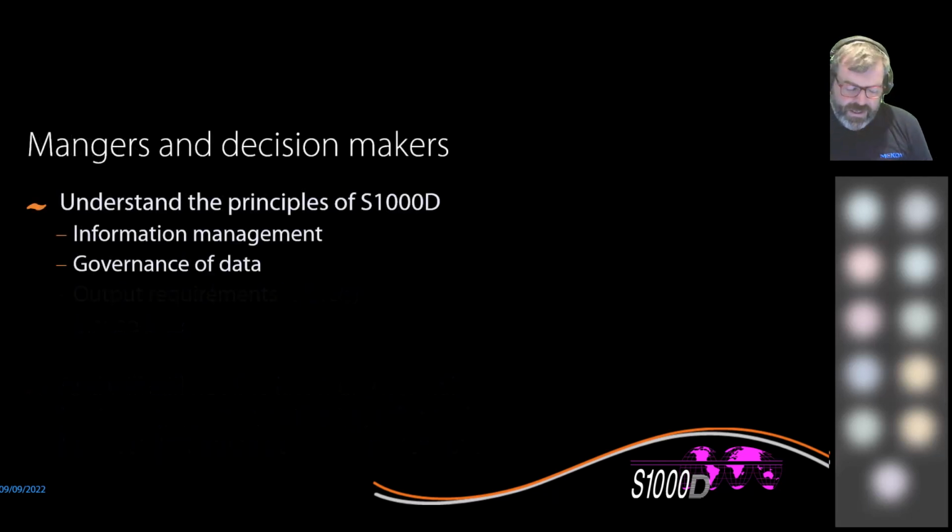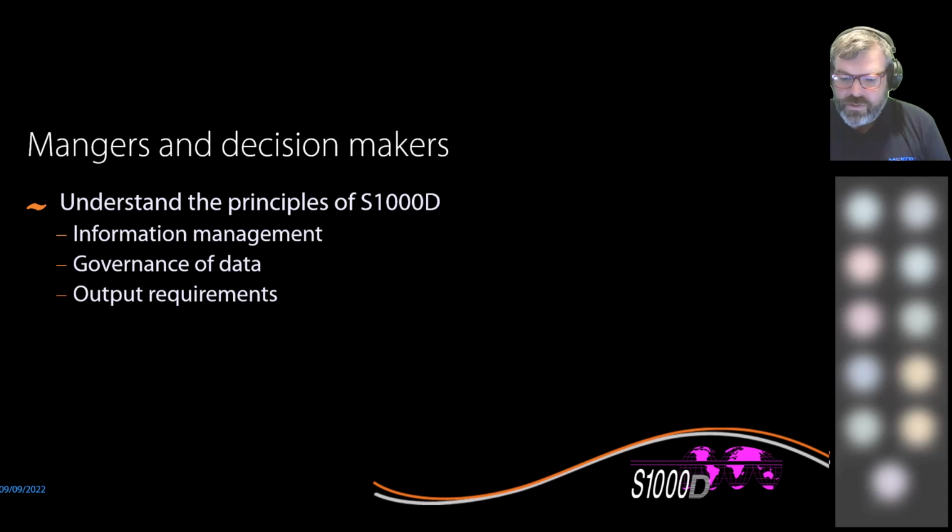From the business aspect, again, you need to understand what some of these principles of S1000D are because they will affect your business. How is information managed? We've gone from a system where maybe your authors wrote an entire manual as a Word document or maybe a set of Word documents and stored them in a folder to suddenly a system where we produce tens, hundreds, thousands of small, tiny, bite-sized pieces of information, any one of which could change at any time.